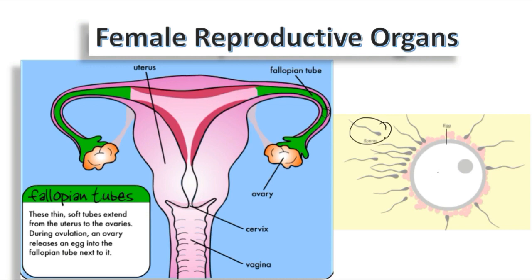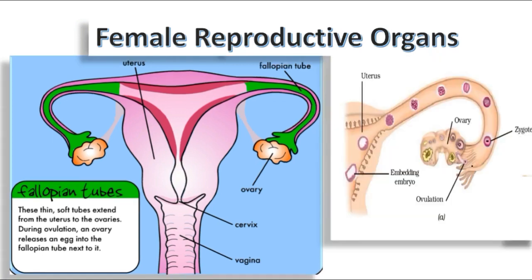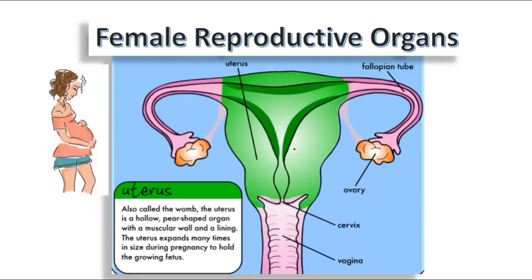And once the sperm gets inside, then a fertilized cell is formed which is called zygote, and that zygote will slowly move towards the next important part of a female reproductive system called uterus, right? This is the part where the zygote goes and sticks to the walls and starts growing.